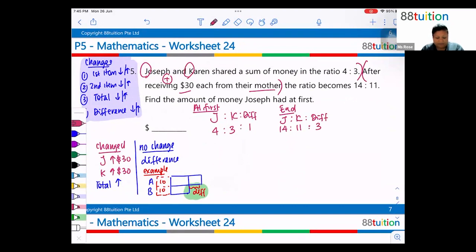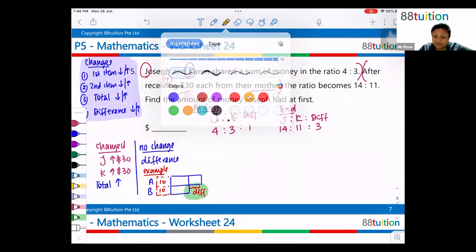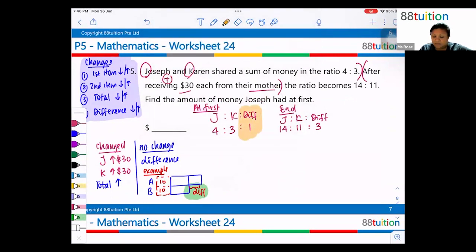So how do I make them the same? To make them the same, this difference must be the same. So the common multiple of 1 and 3 is 3. To give me 12, 9, 3.